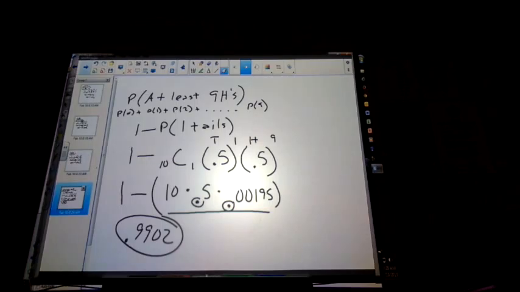Subtract that by 1? Yes. So what did you get? What we got? 0.0095. Yeah. Is that right? Did I do that right? Well, I got 0.0095. Right.